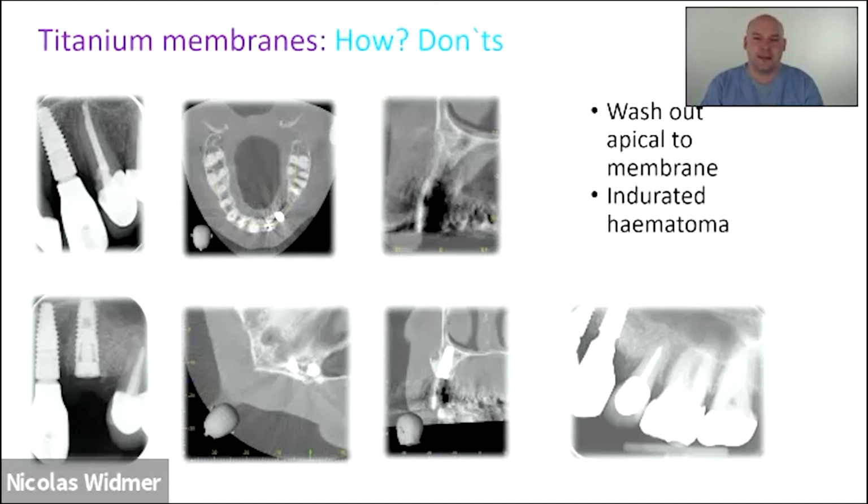What I got then was maybe a little bit of washout of EthOss and a so-called indurated hematoma. It's not a big deal, but it can take a lot of time, up to 6 months, to dissolve.